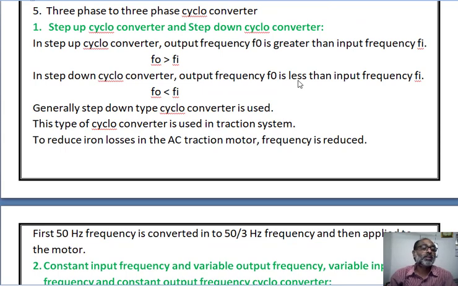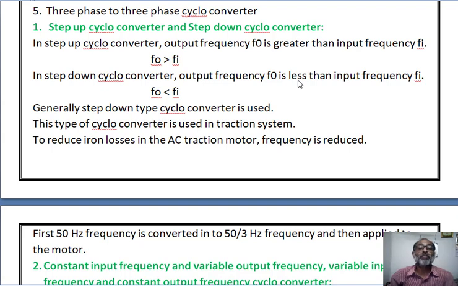Generally the step down type cycloconverter is mostly used, and it is used in traction systems. We have seen that the losses in AC machines depend on the frequency. So to reduce the iron losses in the AC traction motor, the frequency is reduced.